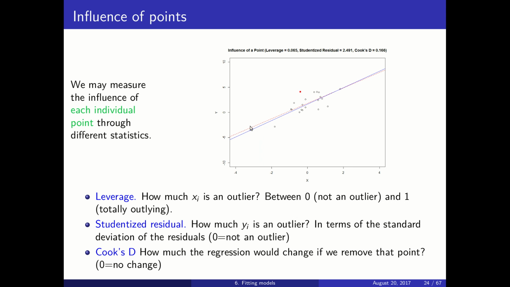The regression changes from this blue line to the red line, and that is a small change, and it corresponds to a small Cook's d. So we now have very useful tools to analyze why the regression is like that.